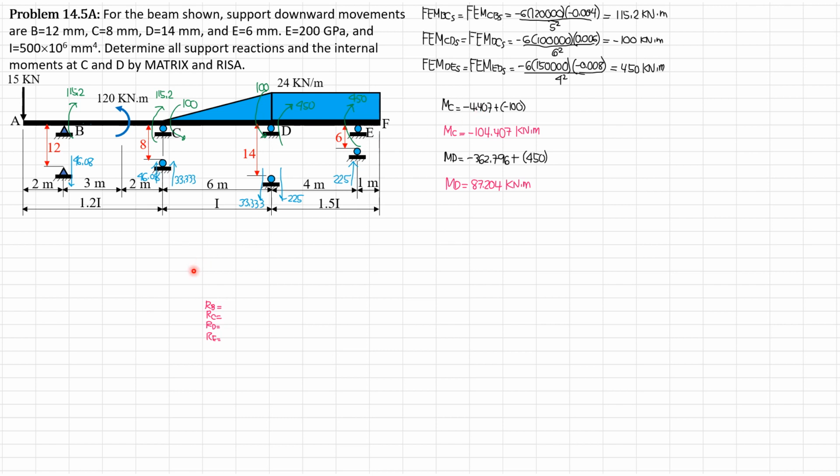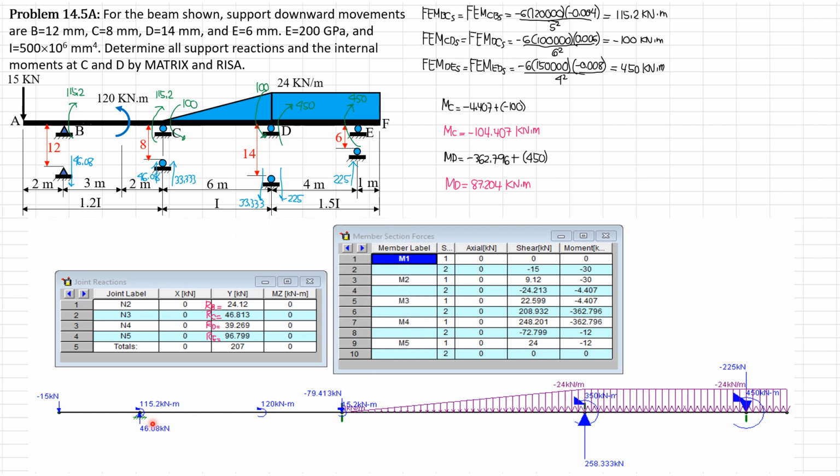Then we have to consider the construction of the beam and the assignment of these beam properties in RISA. So we have loading at A of 15 kilonewtons downward. By the way, the fixed forces are solved in the following manner.